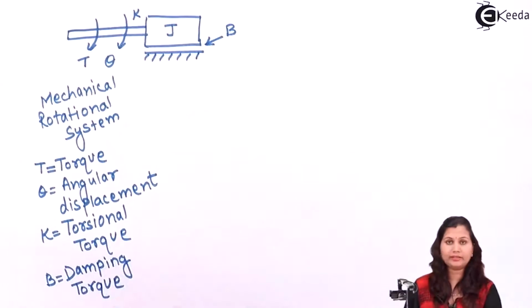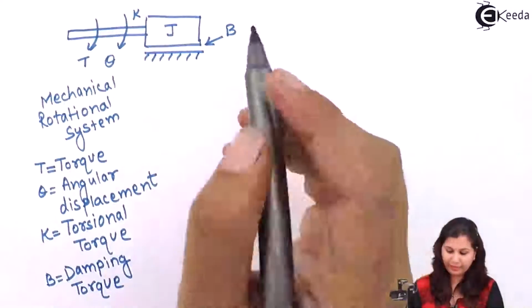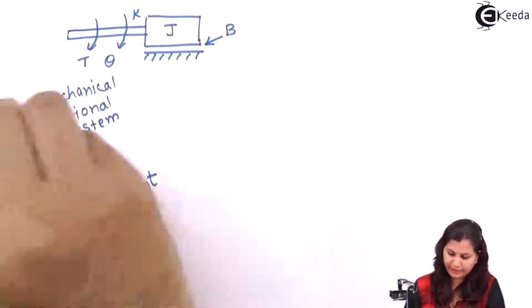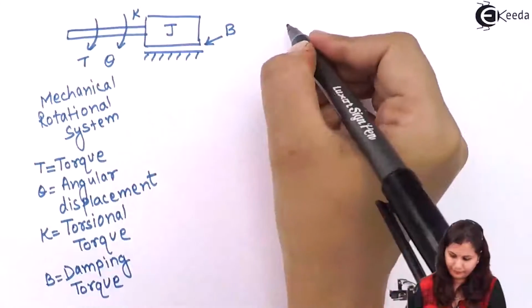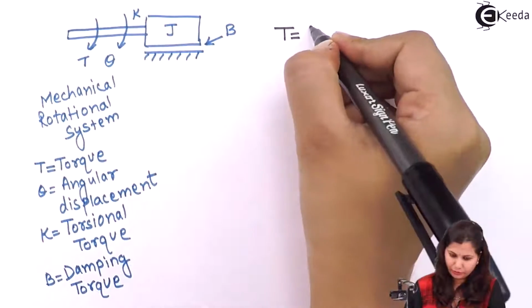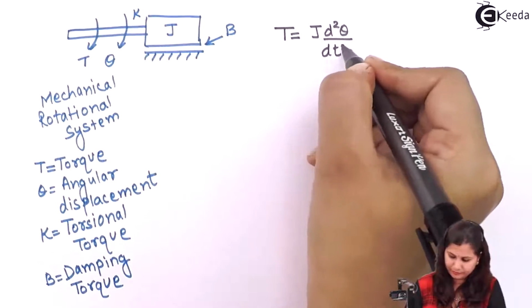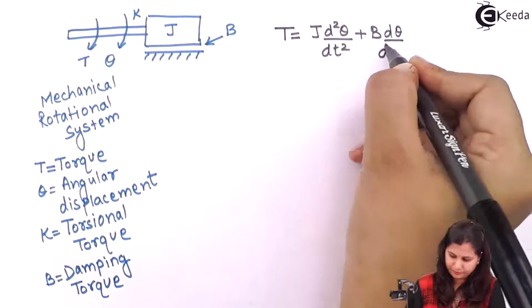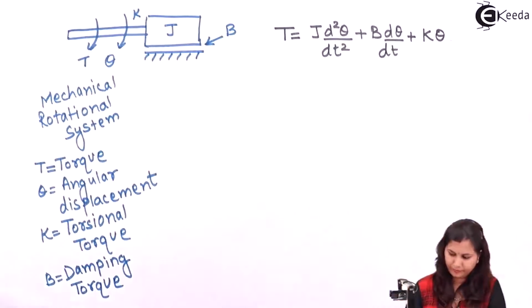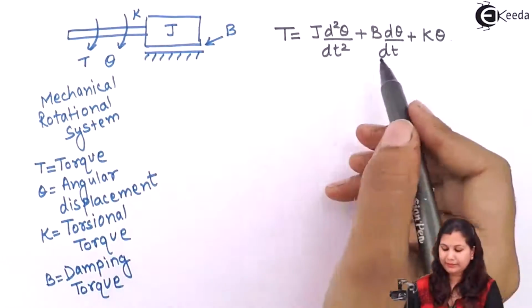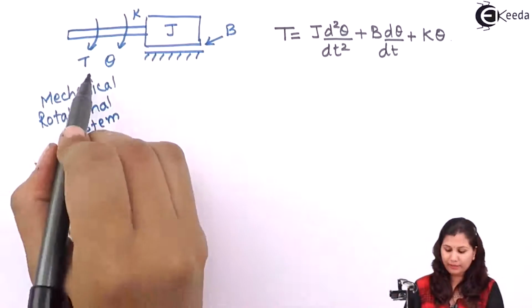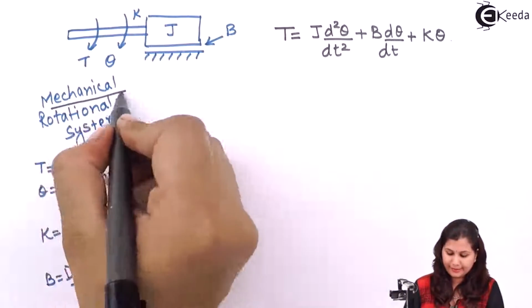If we write the equation for this mechanical rotational system, we will get torque equals, so this is the mathematical representation of this mechanical rotational system.